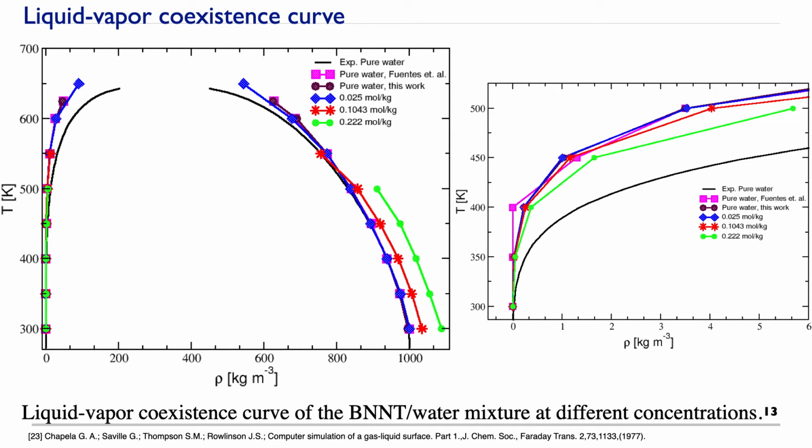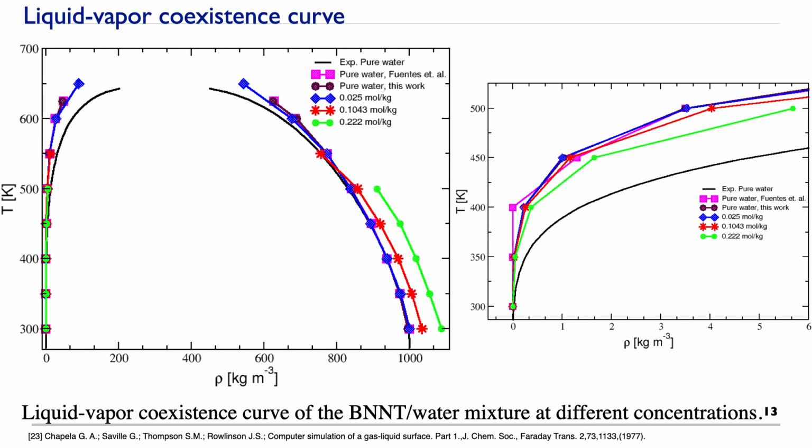After that, we compute the average density of each region and plot the values, obtaining the coexistence curve. This is done for the different configurations to build the coexistence curves as shown in the right figure. The black curve is the experimental coexistence curve for pure water, and the pink curve is taken from the literature, while the brown is calculated in this work numerically.